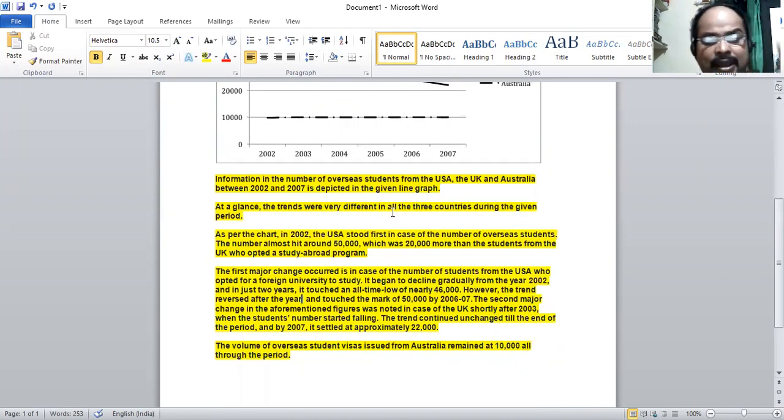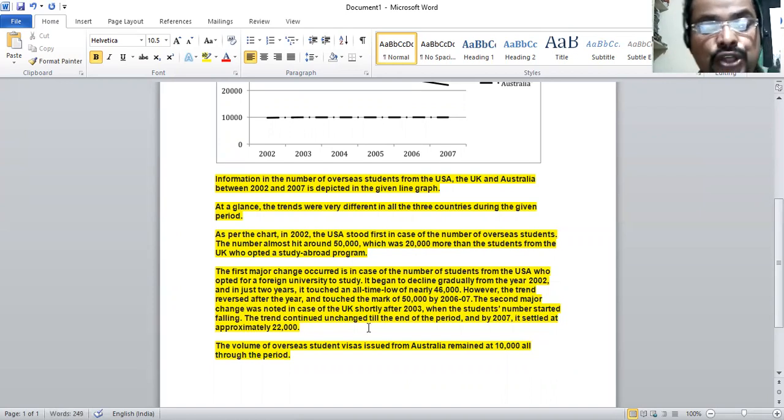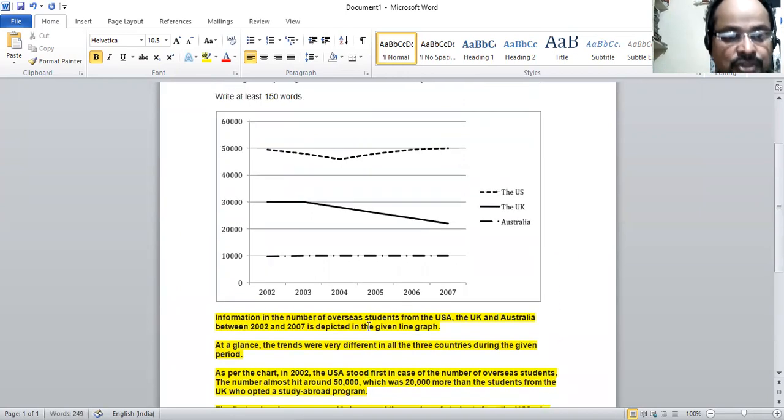Now the second major change in the aforementioned figures was noted in the case of the UK. The second major change was noted in the UK shortly after 2003, when the students' numbers started falling.